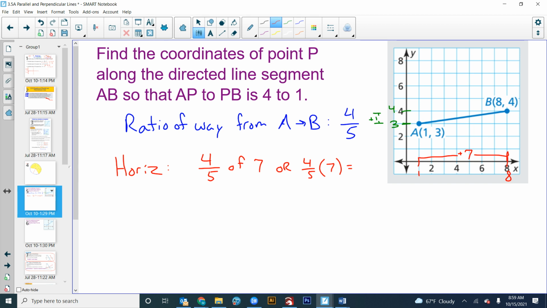What'd you get for the 4? Did you get 4/5 of 7? Did you guys get a horizontal change of 7 from A to B? What's 4/5 of 7? 28/5 or 5.6.